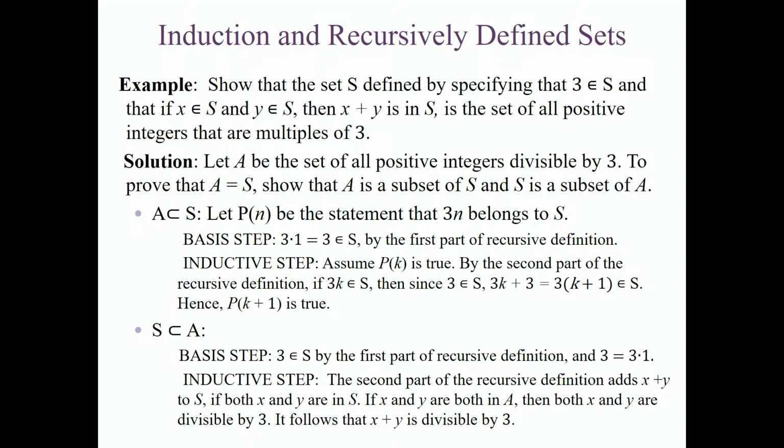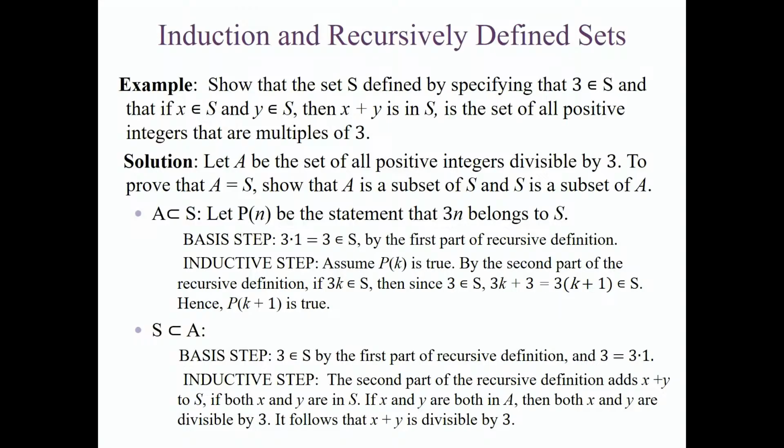Let's go back to our example. Because x and y are the elements used to construct the new elements, we assume the property holds for x and y. So we assume x and y are divisible by 3. This is our inductive hypothesis. Then we need to verify that if we use x and y to construct the new element x plus y, x plus y also follows the property: it is divisible by 3.